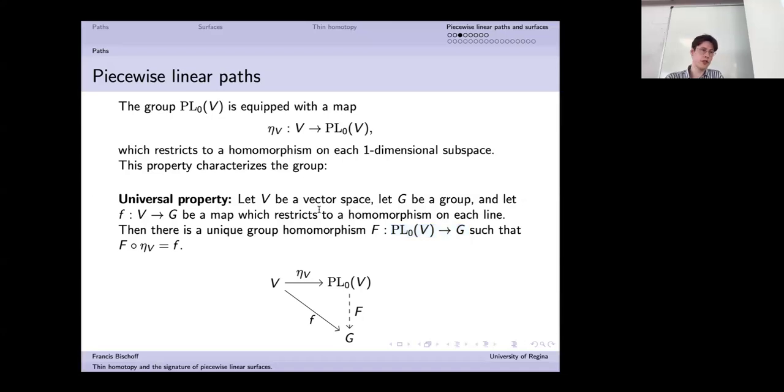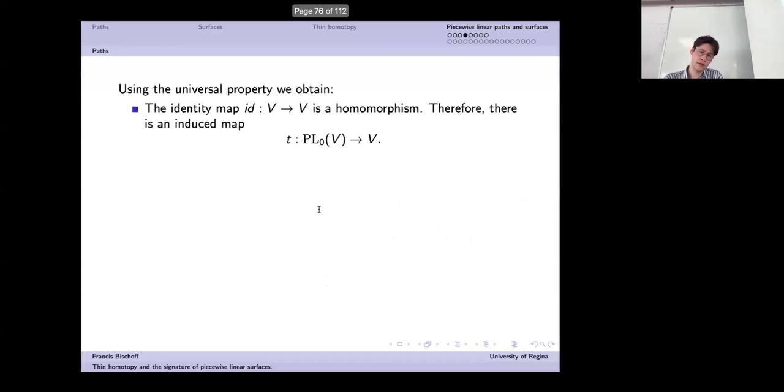Okay, so using this property, you can produce a bunch of maps in a very simple way. So using the identity map from V to V, which certainly restricts to a homomorphism on one-dimensional subspaces, you get an induced homomorphism, and that's just the displacement of the path, the one that I described before.